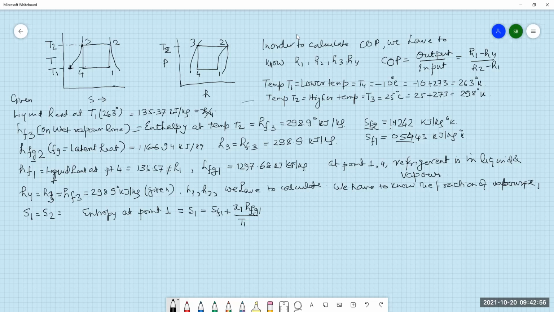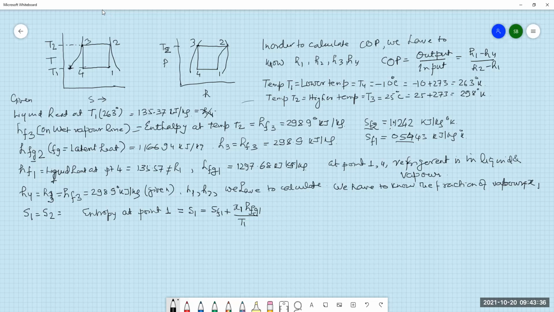Similarly, the entropy at point 2, S2, is not given to us. We are given the liquid entropy, which is given as 1.122.